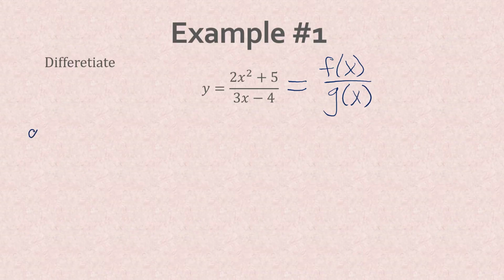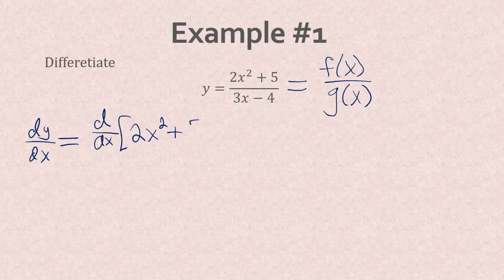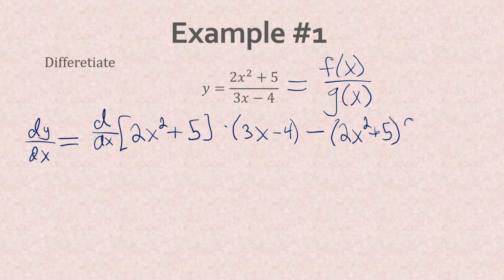And so the quotient rule says that dy dx is the derivative of the top, the derivative of 2x squared plus 5 times the bottom, 3x minus 4, minus the top, so 2x squared plus 5 times the derivative of the bottom, the derivative of 3x minus 4.